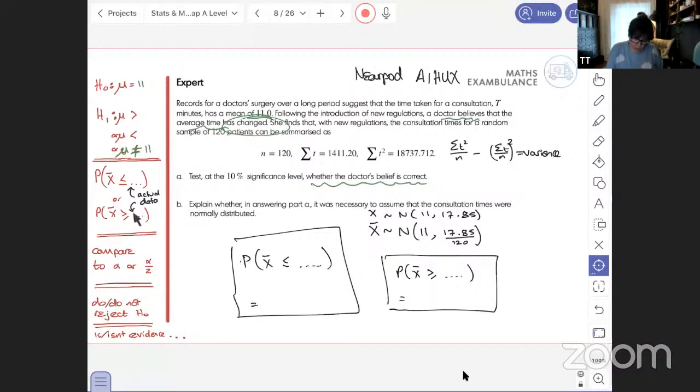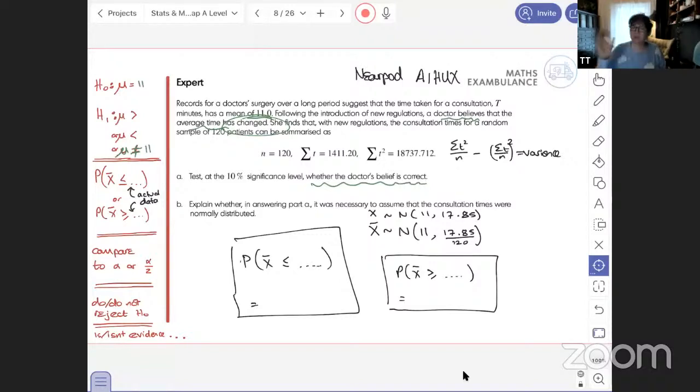So the mean from the actual data, is it weirdly big or weirdly small compared with 11? If it's weirdly big, that's what you should write down. Or is it weirdly small compared with 11? In which case, that's what you should write down. This one is for if the actual result is weirdly small compared with what we expect, which is 11, and this one is for if the result is weirdly big.